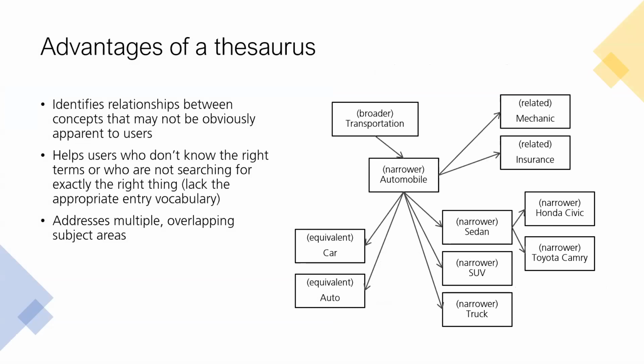And there are these advantages that we showed again before, quite a bit with cars. We've got a Honda Civic has turned up again for the second time. But we're identifying relationships here, but not always obvious to the end users.